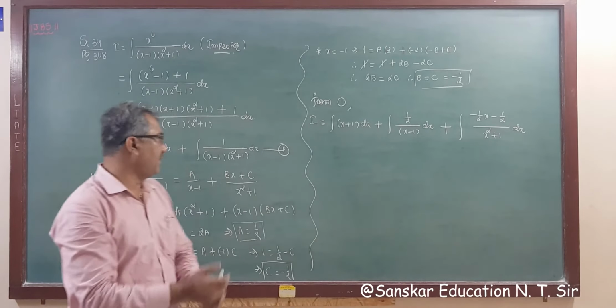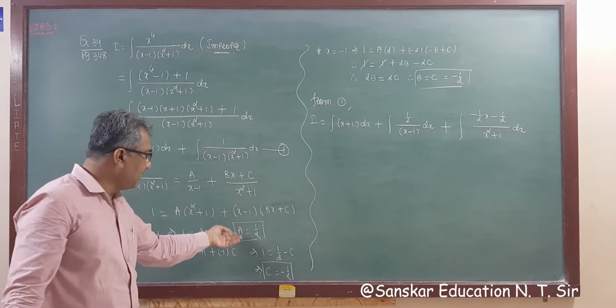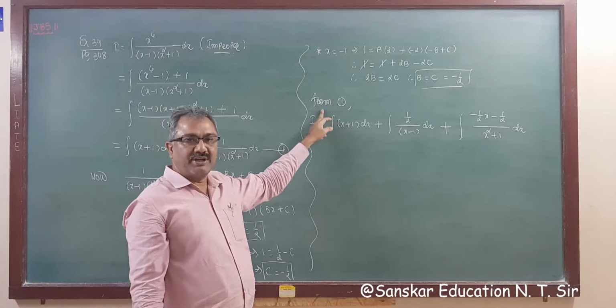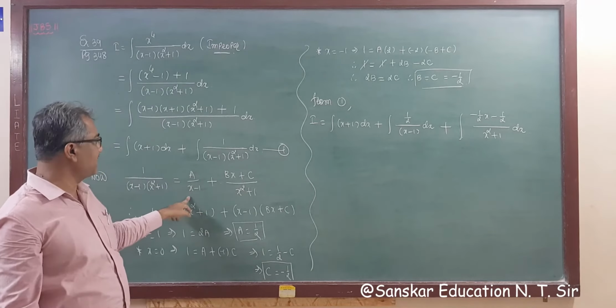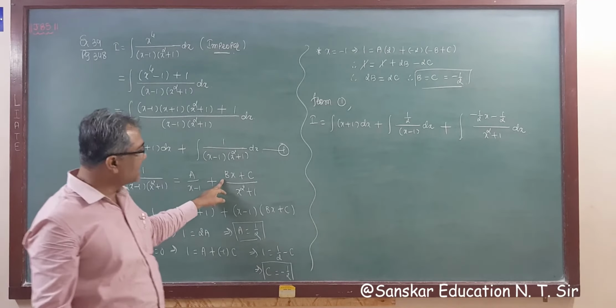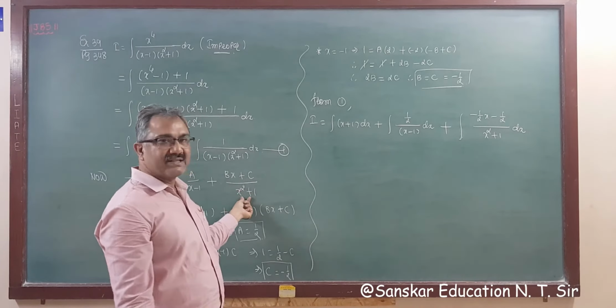Now see, once again we found A, B and C, and now substituting the values of A, B, C here: A upon x minus 1, B is minus half, B and C are the same, so minus half x and C is minus half, upon x square plus 1.